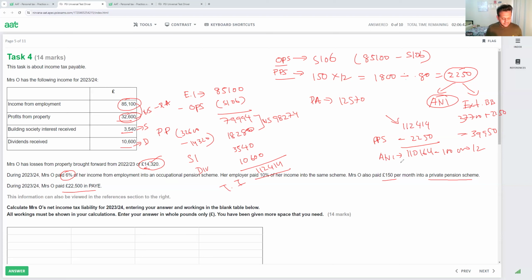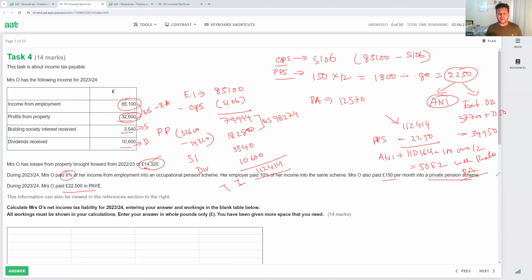Divide by 2, that's 5082. Remember, this 5082 will be reduced from personal allowance.